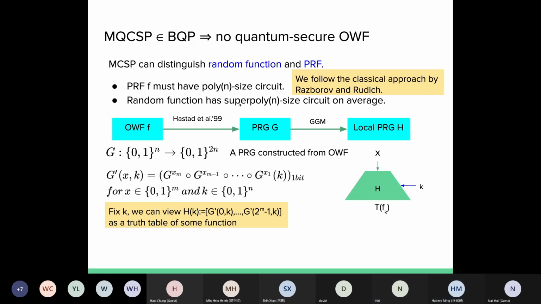Yeah, that's the basic idea, because you can distinguish a pseudo-random function generated from an efficient procedure and a truly random function. You distinguish the output of a PRG and a truly random string, and you just view them as the truth table of a Boolean function.